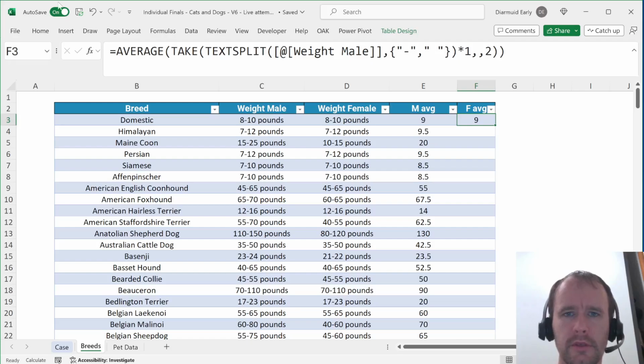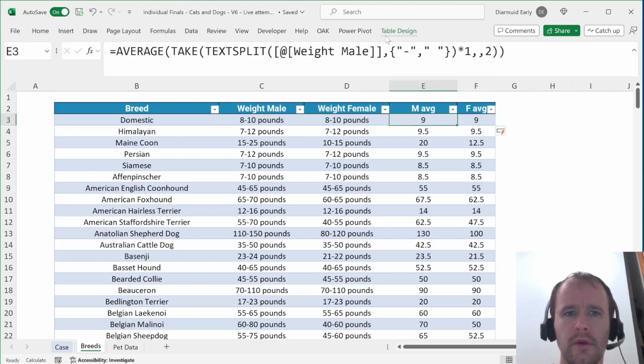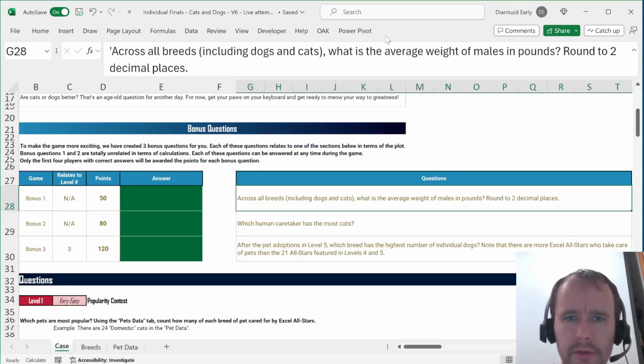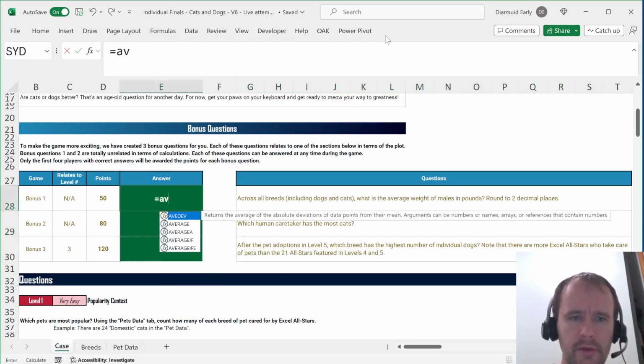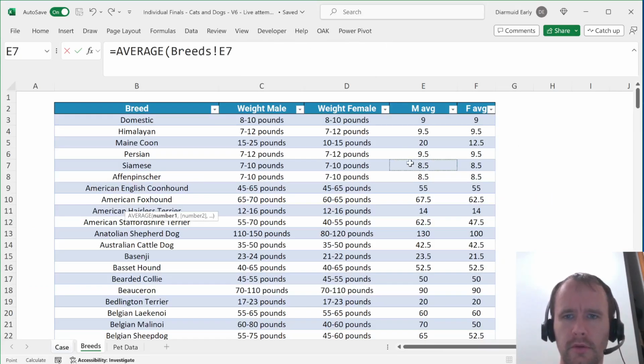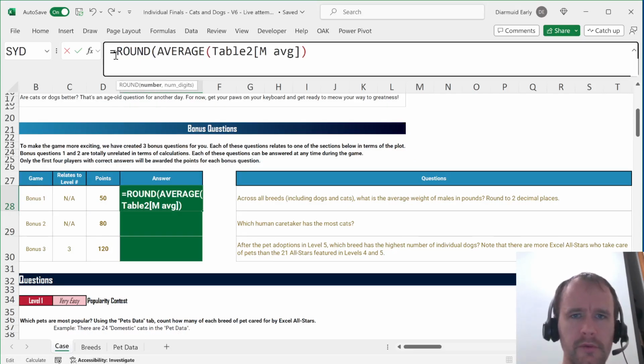Copy that across, and here we just need to change it to refer to weight female. Okay. And then across all breeds, what is the average weight of a male in pounds? Okay, so it's just the average of that column. And technically we need to round, even though it shows it rounded, so fine, round to 2.